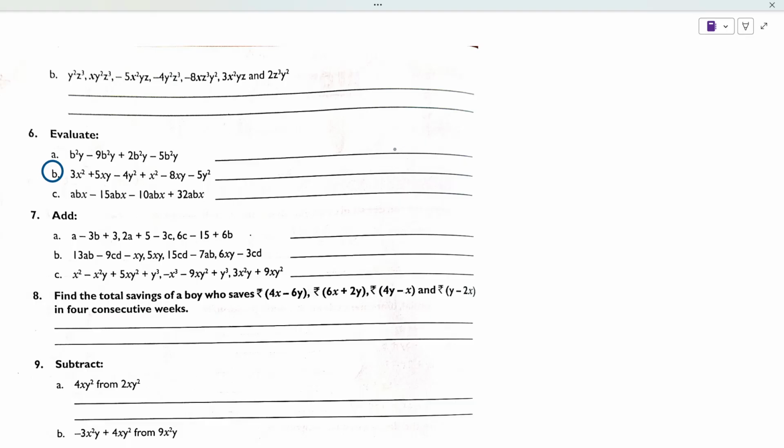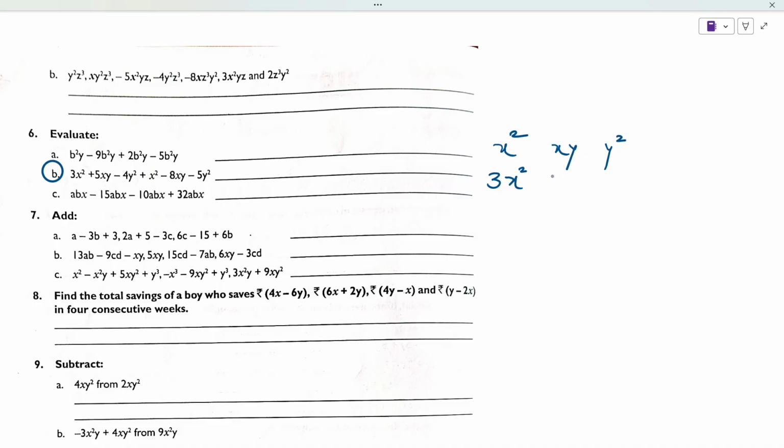So if you want, you can write in this manner also, that if we make a column of x square and another column of xy, another column of y square. Any other type of variable? No. So we have x square, 3x square, we will write it under this column.